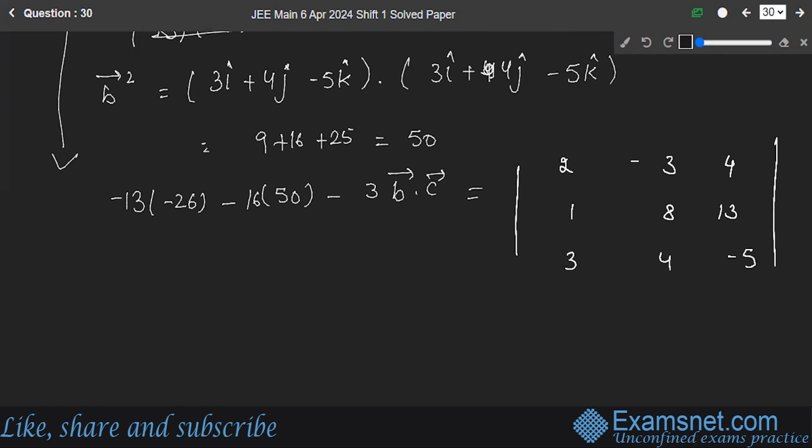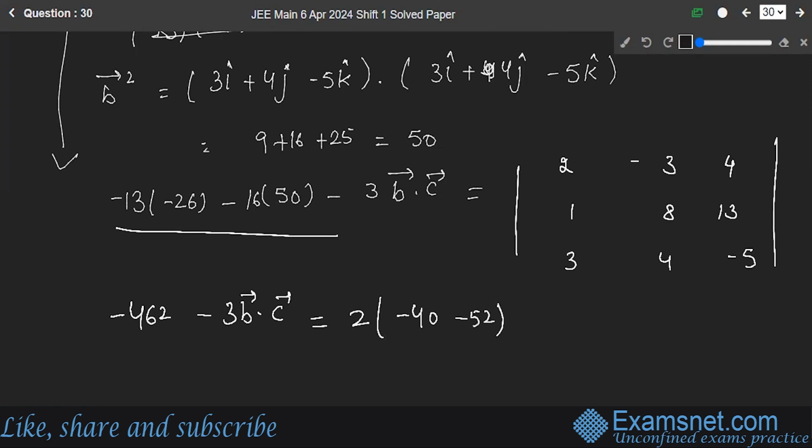Right, let's solve it. Here, solving all this RHS, LHS, you will get minus 462 minus 3 B dot C. This is equal to 2 into minus 40 minus 52 and plus 3 minus 5 minus 39 plus 4, 4 minus 24.